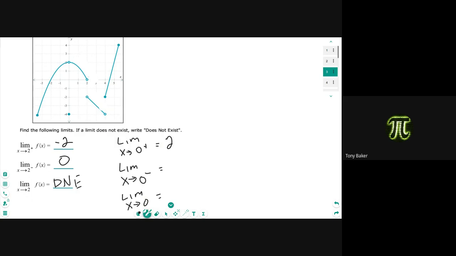It's going to 2. Limit goes to 0 from the left, 2. What's the limit as x goes to 0? 2. It is not 4. f of 0 is 4.